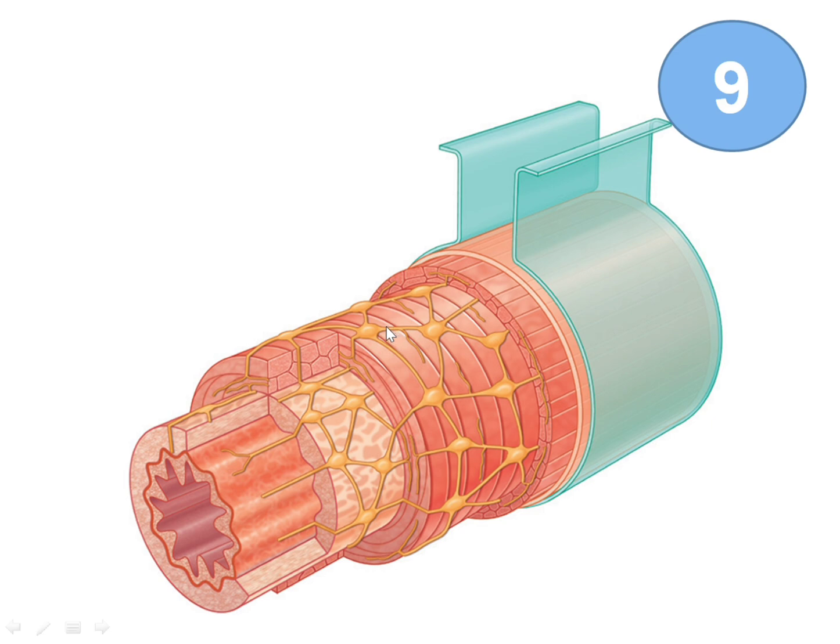This one is representing the enteric system around the visceral tubular organs. We can start from the mucosa, submucosa, muscular layer, and serosa.